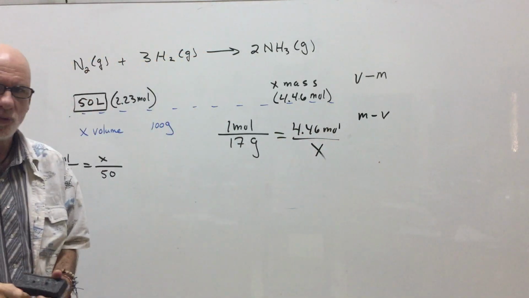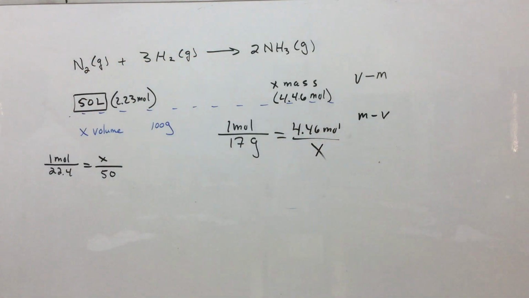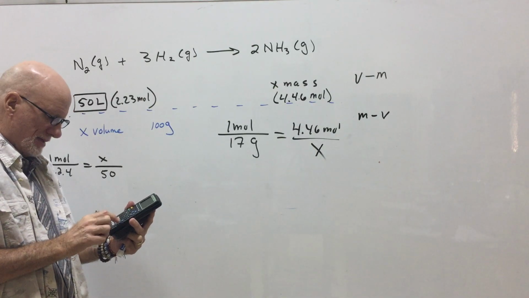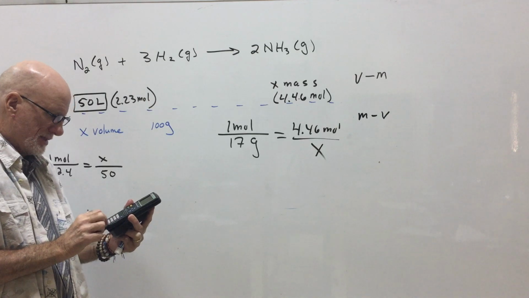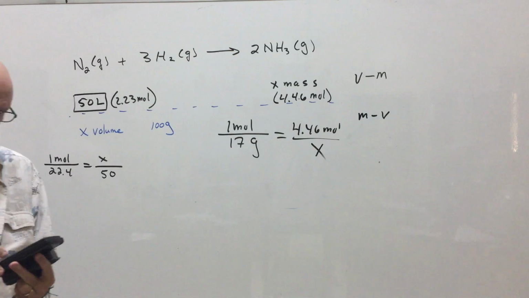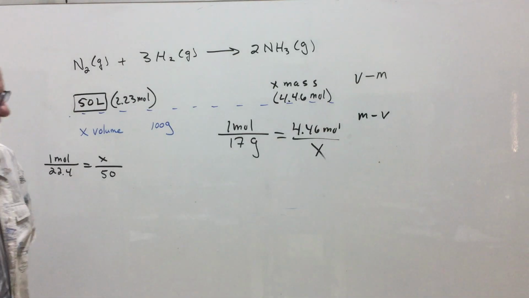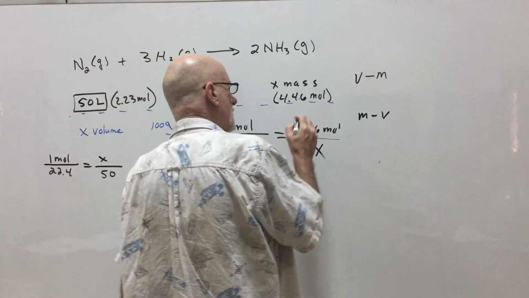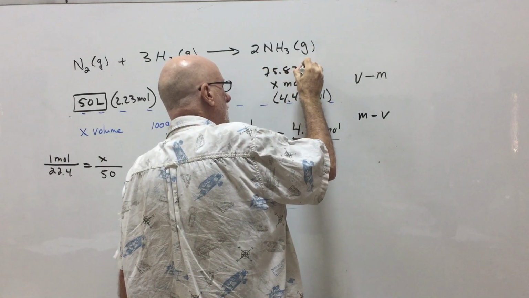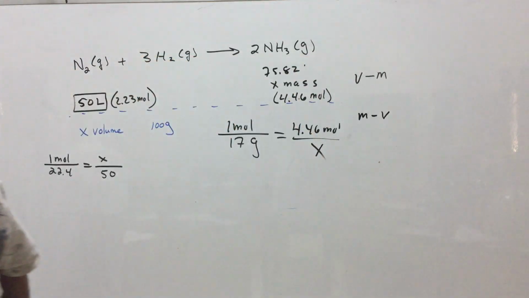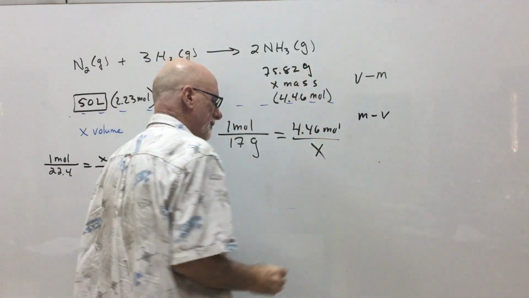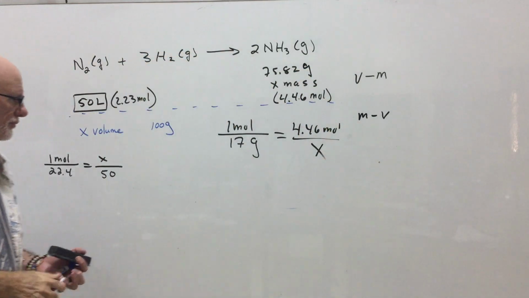So it'll be 4.46 times 17 divided by 1, or simply 17 times 4.46 equals, rounded, 75.82, shall we say that? 75.82. So this will be 75.82, is that right? 75.82 grams.